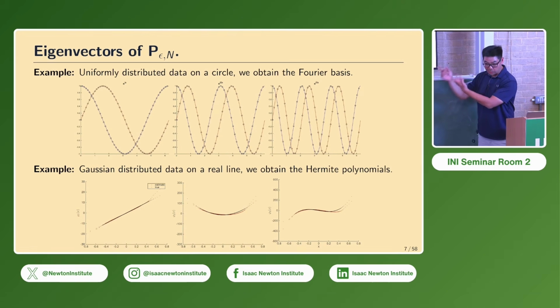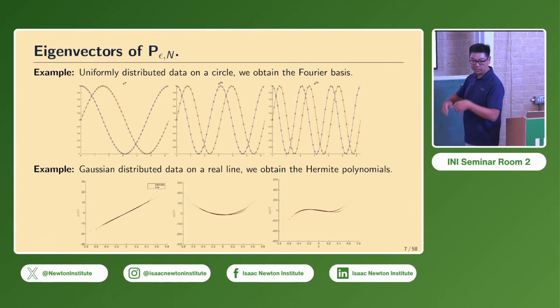So if you do this algorithm, you construct them, right? At the appropriate scale, you see that you get sine x, cosine x, sine 2x, cosine 2x, and so on and so forth. Okay, so you approximate this using this matrix, and then you take the eigenvectors, you normalize them appropriately.